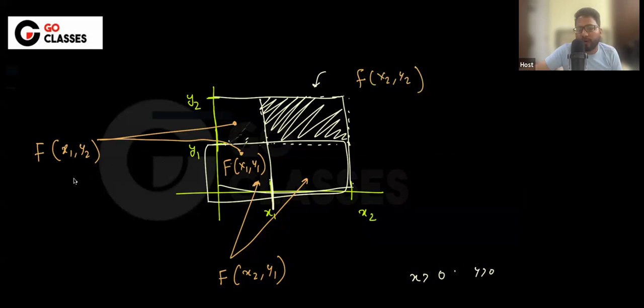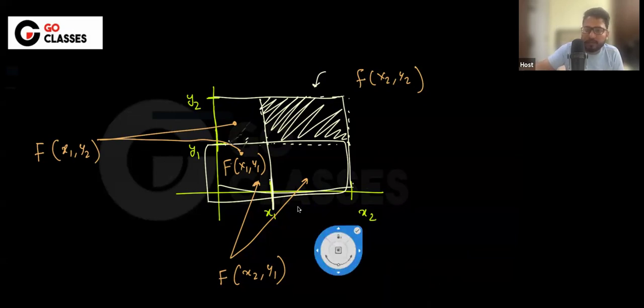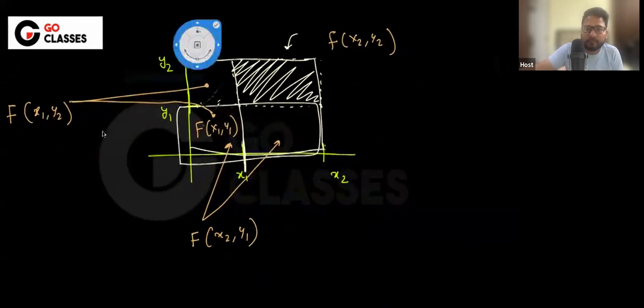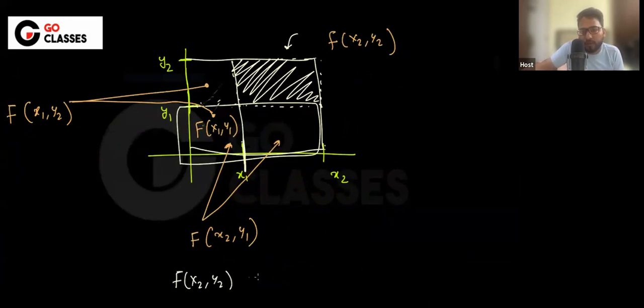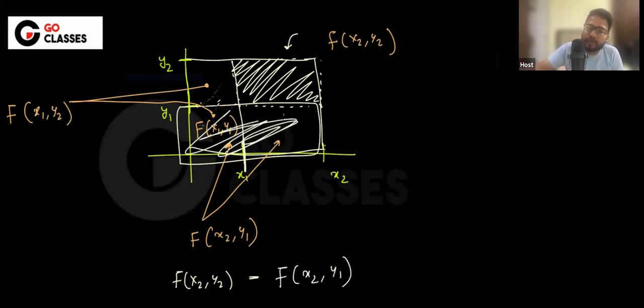So now we need to find out this much only. After this visualization it should be easy enough. The complete area is F of x2, y2. If you subtract from it this one, which is F of x2, y1, then this whole thing is subtracted.